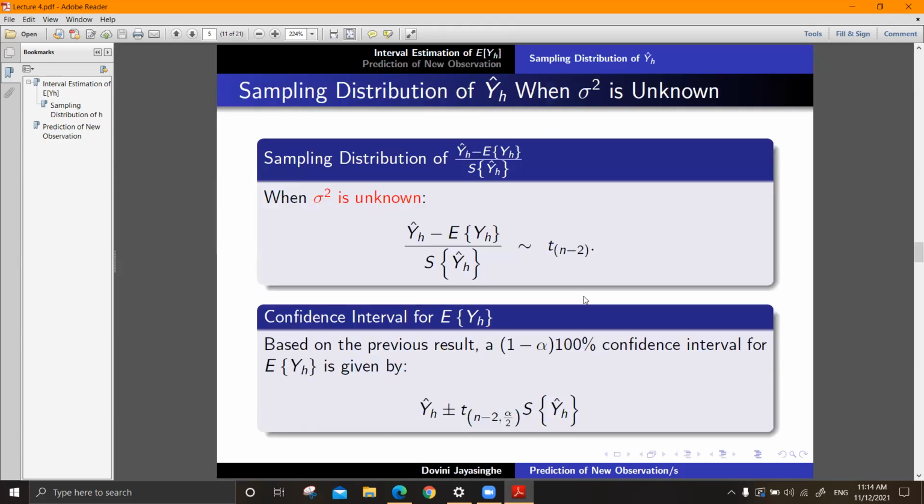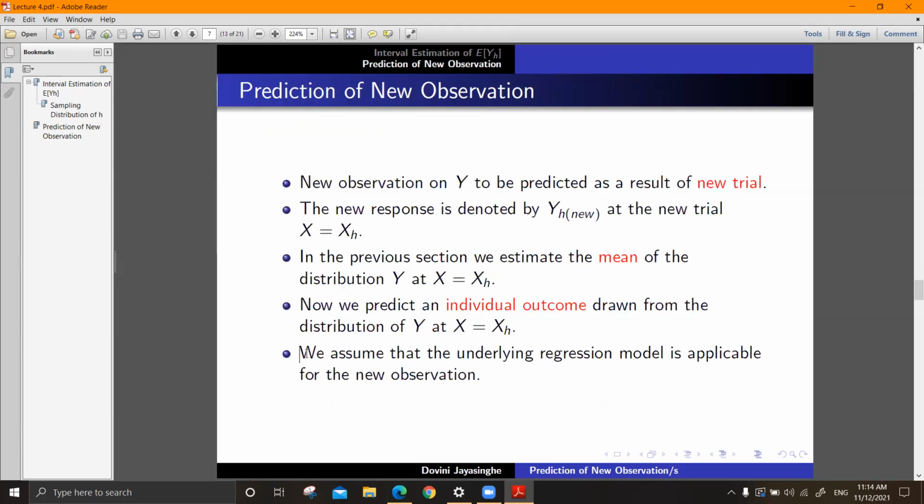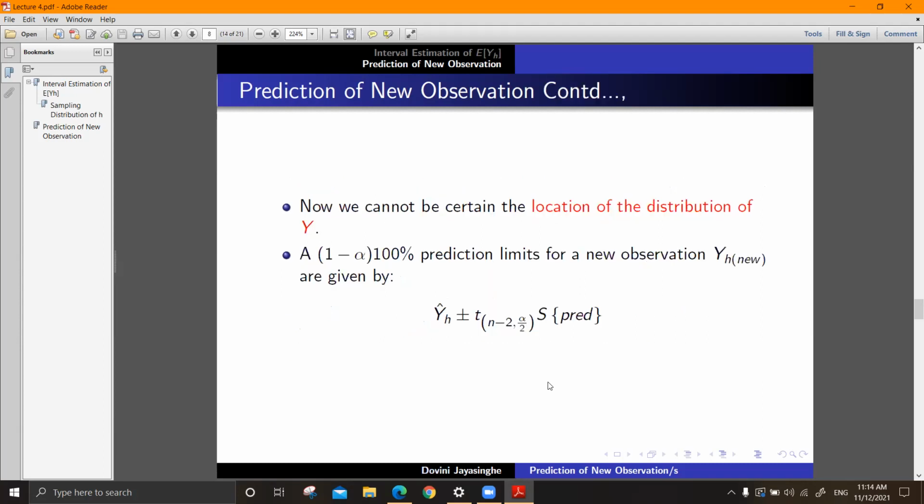Same thing, because we assumed that the underlying regression model is applicable for the new observation. Just because of this, we are going to have YH hat here, right? Same t-value, because it's the same distribution, we assume that. This one changes.